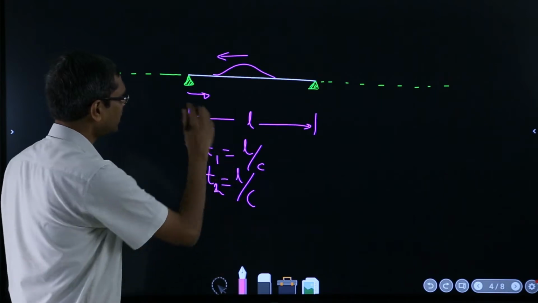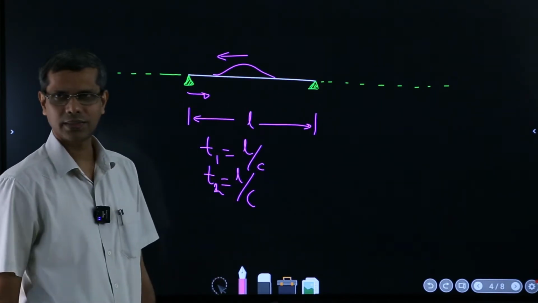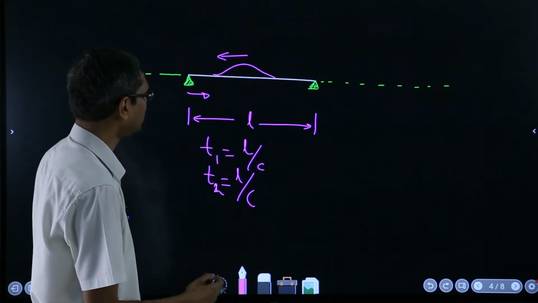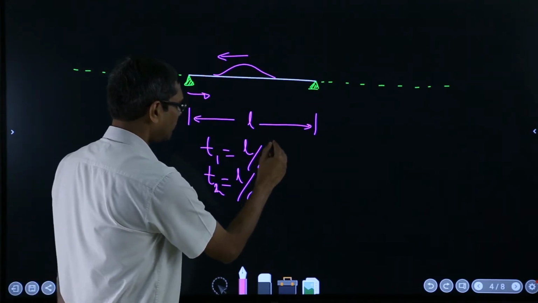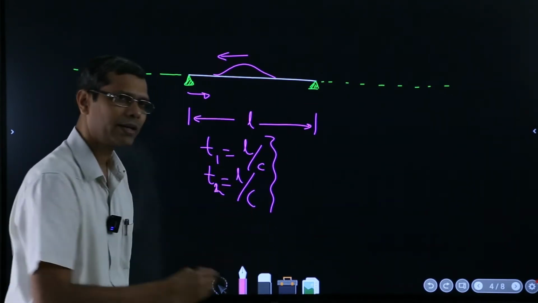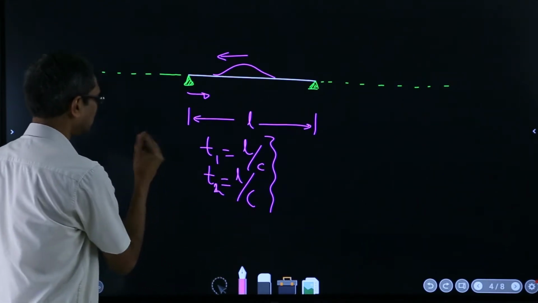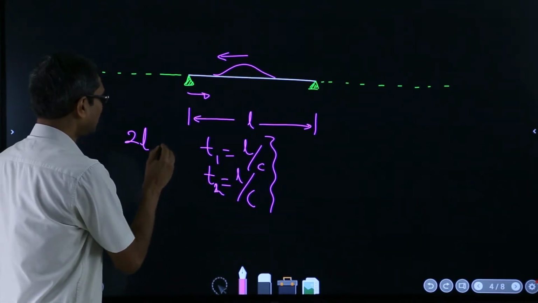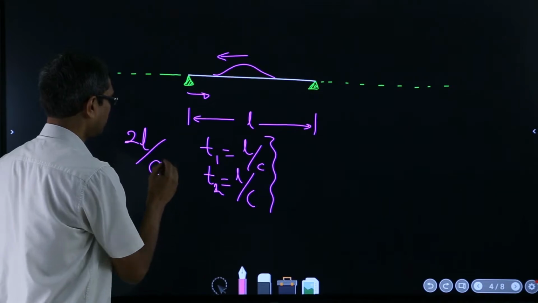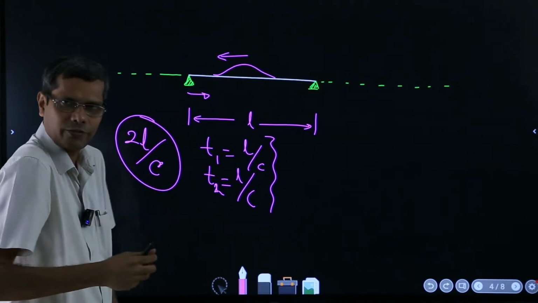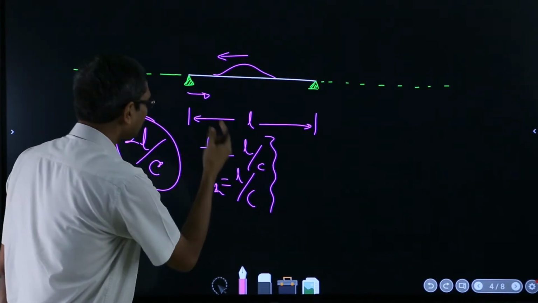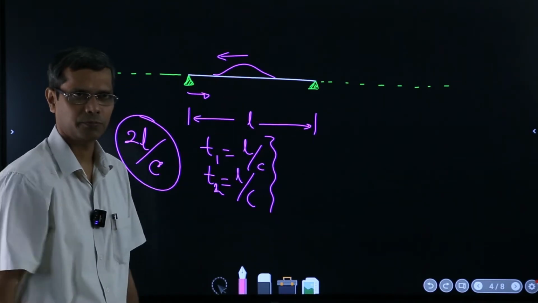So as soon as you fix two ends like this, you will have a periodicity, because after this time this thing again will repeat. After every such time, 2 times L over C, the same thing will start happening here.